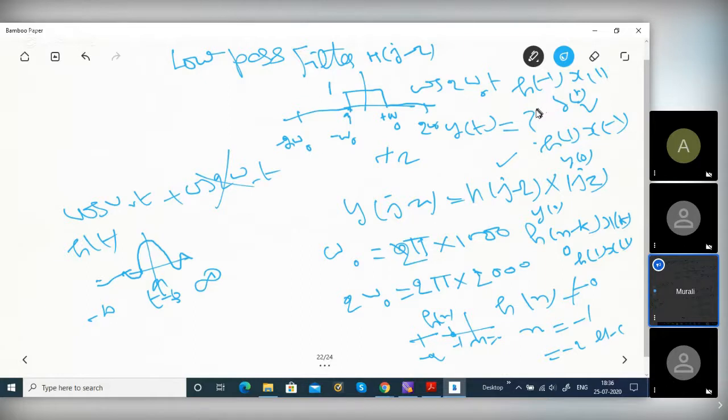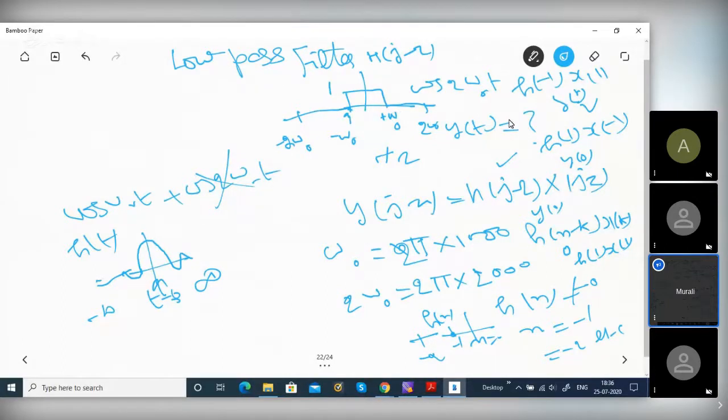This is obviously non-causal, right? That's why the impulse response cannot have a non-zero value for n less than 0.